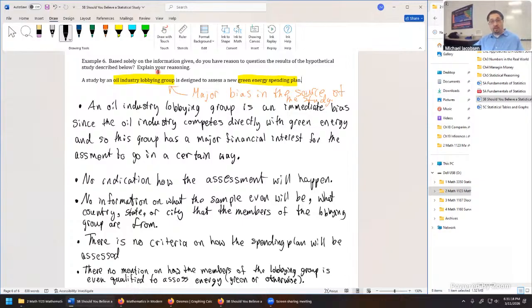But we would know that they're also extremely well paid if they came from the oil industry in the first place. They're not independent whatsoever. So it doesn't even almost matter how much credentials they might have to qualify the energy span, because the major bias already of being part of the oil industry, assessing something that competes with them directly, kind of just nullifies however many credentials they might have even had in the very first place.